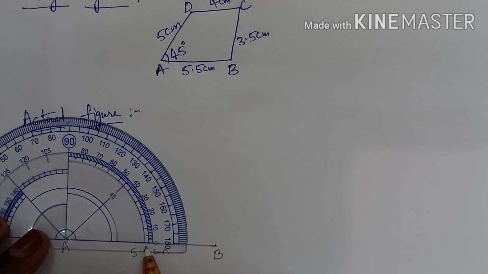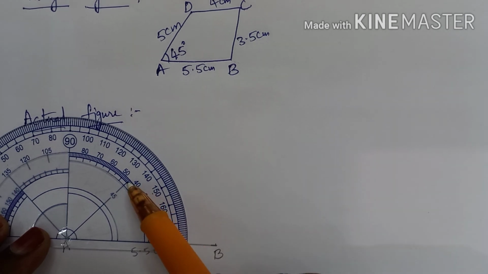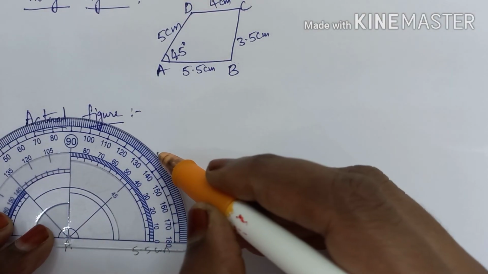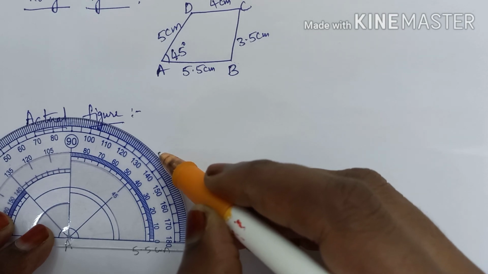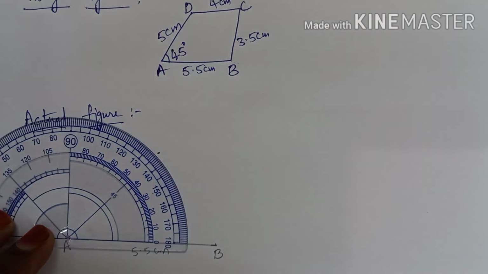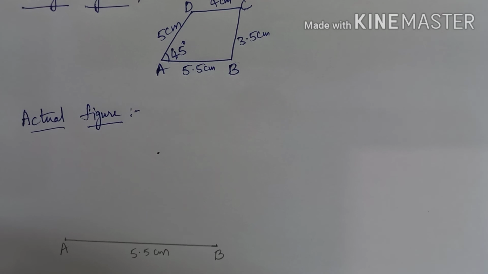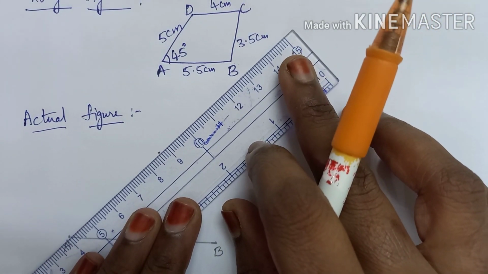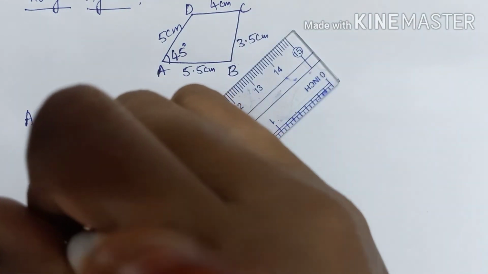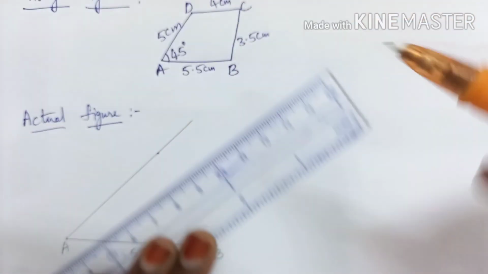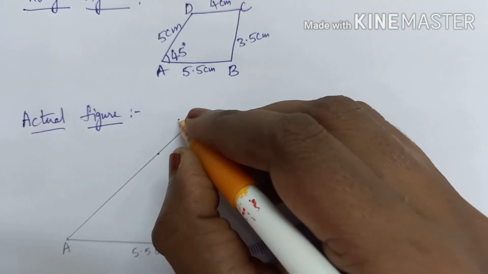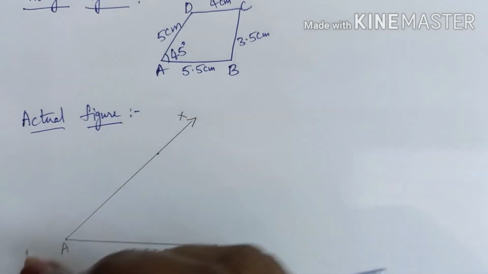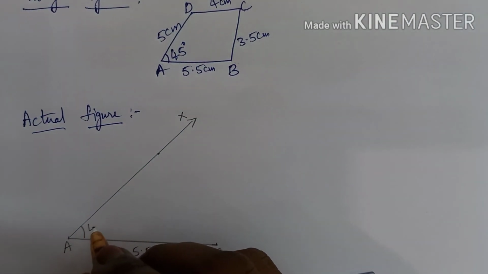So from 0 onwards, 0, 10, 20, 30, 40, 45. Here 45. So we have to draw a ray AX. This is the ray AX with an angle 45 degrees.